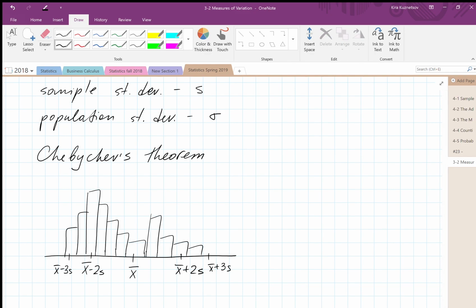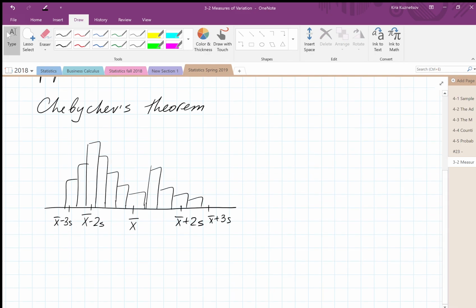So what the theorem says is the proportion of values, so the probability that you have something within a certain number of standard deviations. In this case, I'm concentrated on this 2 right here.